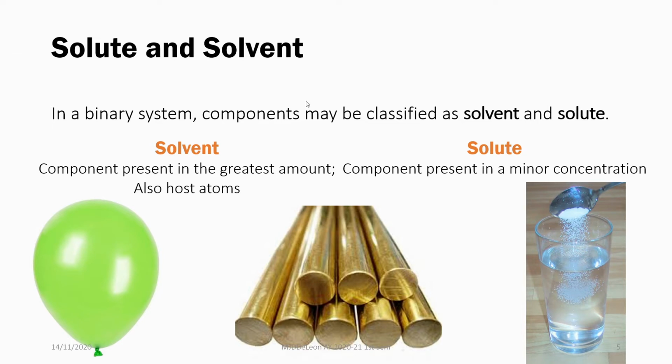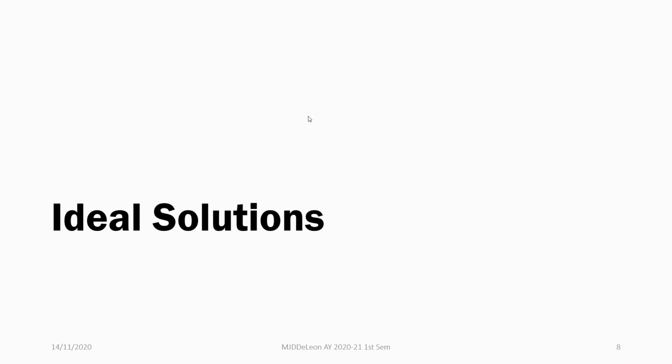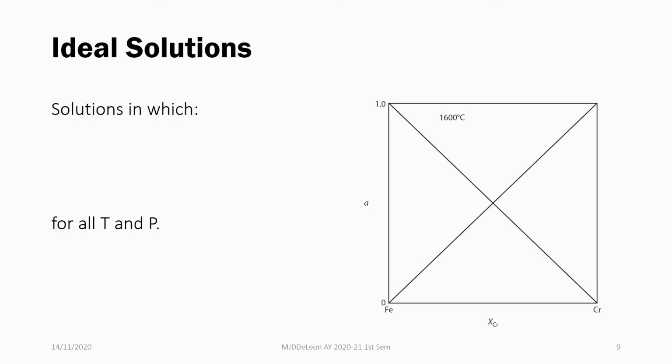So now let's go to our ideal solutions. An ideal solution is a solution in which we follow Raoult's law. Due to Raoult's law, what we'll find is that for ideal solutions, the activity of the component i will be equal to its mole fraction xi, the mole fraction of i, for all temperatures and pressures.